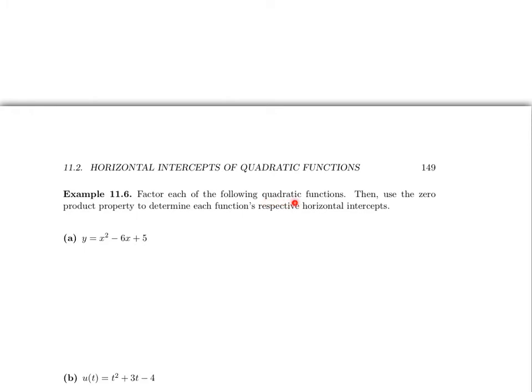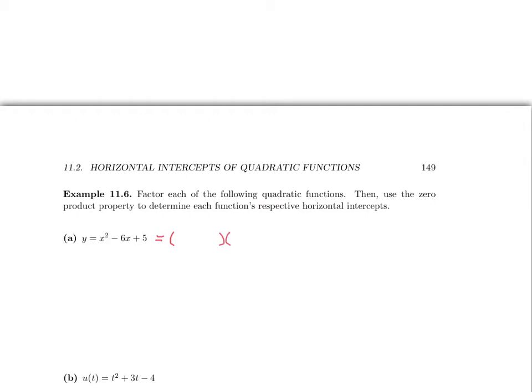Factor each of the following quadratic functions and then use the zero product property to determine each function's respective horizontal intercepts. So let's look at part A. Notice that it is a quadratic function. It has the form ax squared plus bx plus c. So first of all, let's factor the equation for this function.